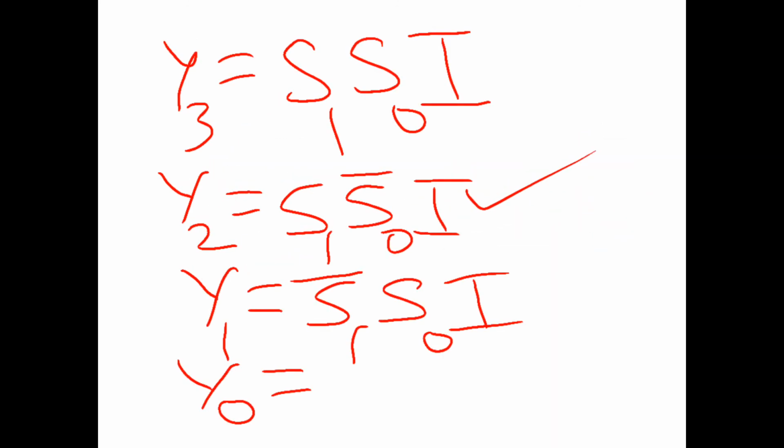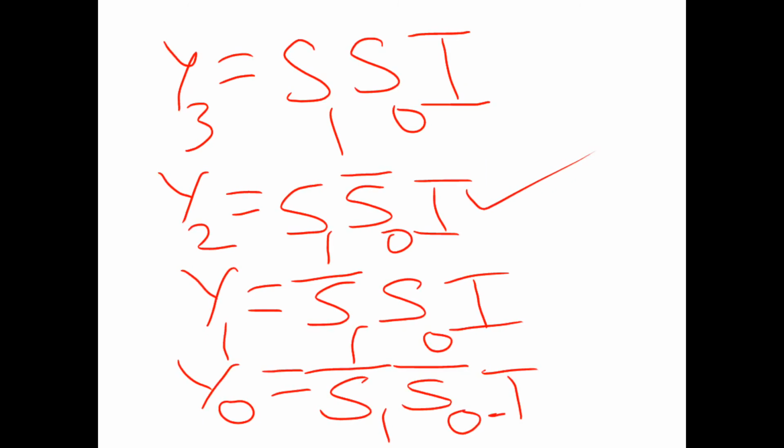So the expression for this one will be S1 bar, S0 bar and I. So these are the four Boolean expressions we will have for this 1 by 4 demultiplexer.